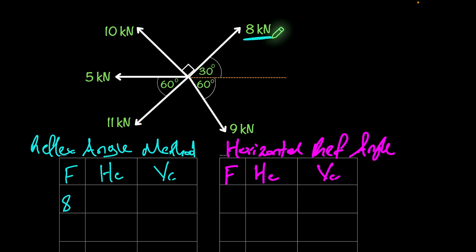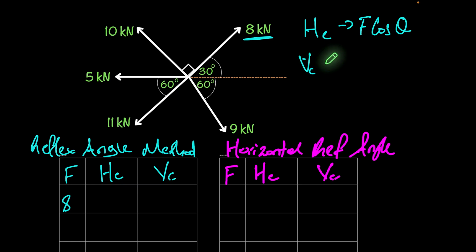If we follow our convention, for horizontal components, I'll put HC, we did previously force, cos, and then the angle. For vertical component, it's force, sin, and then our angle.